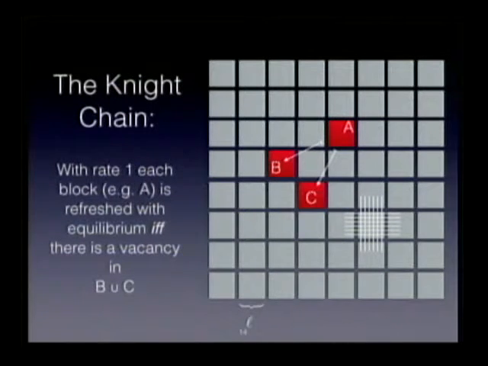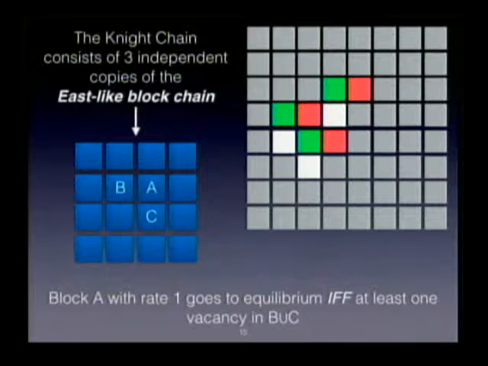So instead of looking at your southwest neighbor, you look at this sort of southwest knight-like neighborhood. Now, really, the knight chain consists of 3 independent copies of the East-like block chain. These 3 copies are drawn in different colors.